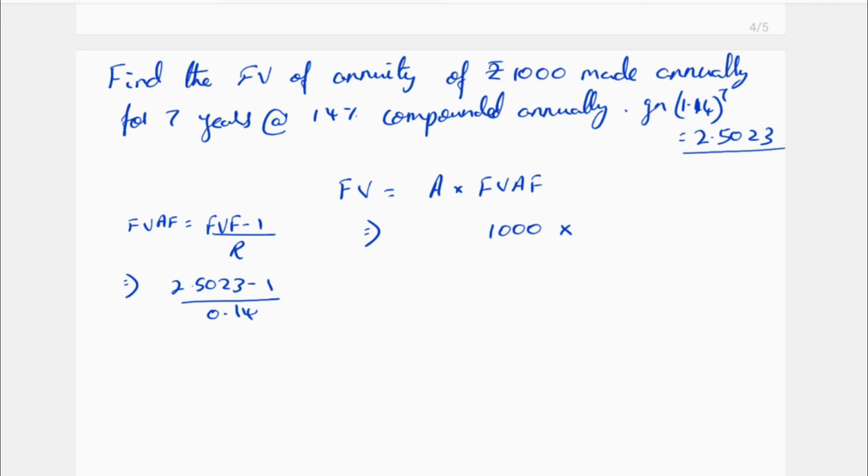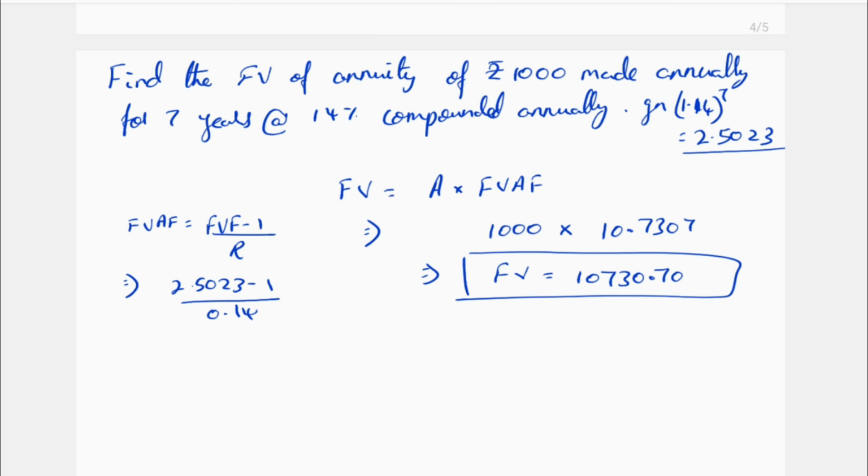That gives me 10.7307. I'm using only up to 4 decimal places, so that would give me 10,730.70. This is my answer. Future value is equal to 10,730.70. I hope this is clear.